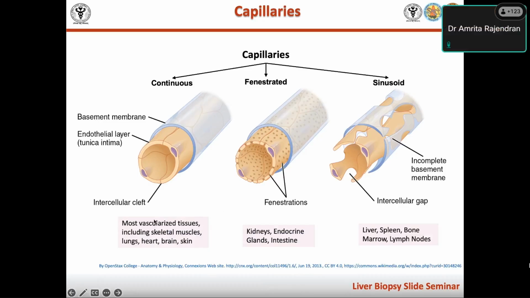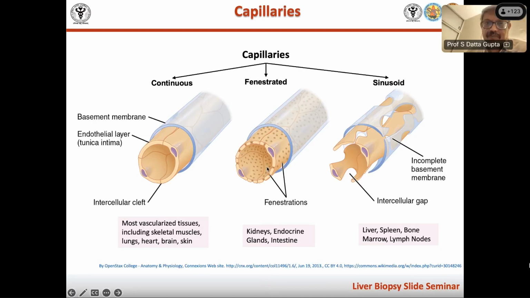Okay, anyway. Sinusoidal capillaries are located in the liver. Most vascularized tissues like skeletal muscle, lungs, heart, brain, and skin have continuous capillaries. Then kidneys, endocrine glands, and intestine have fenestrated capillaries. And the sinusoids are present in the reticuloendothelial system: liver, spleen, bone marrow, lymph node. Very easy. Fenestrations are in kidney, endocrine, and intestine, where some amount of flow is required.